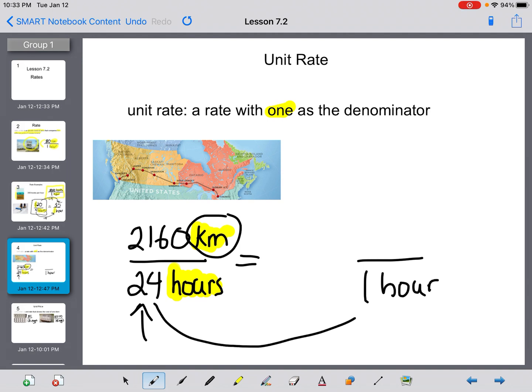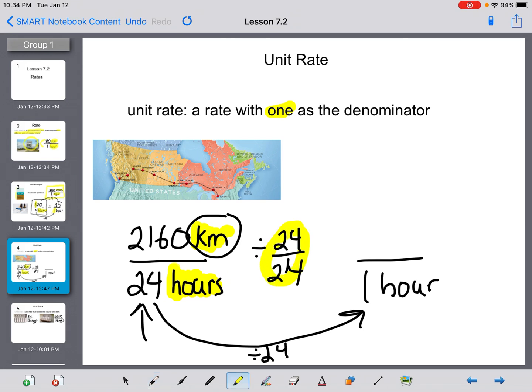Again, we can use our little arrows if we want. But what I want you to notice is that we're going to divide every single time. We're going to divide the top and the bottom by the denominator. So really, 24 divided by 24 is 1 hour.